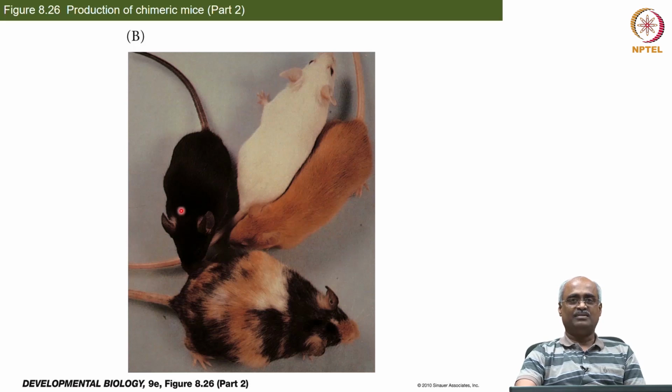So, the black gene, in whichever oocyte that was present, when fused with a sperm coming with the white allele, gives rise to black.